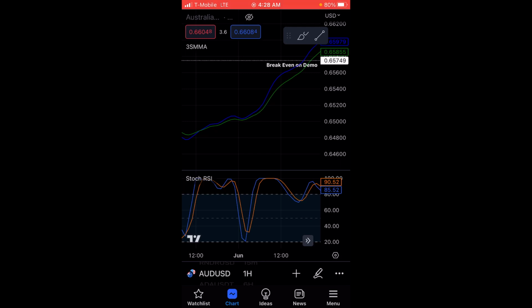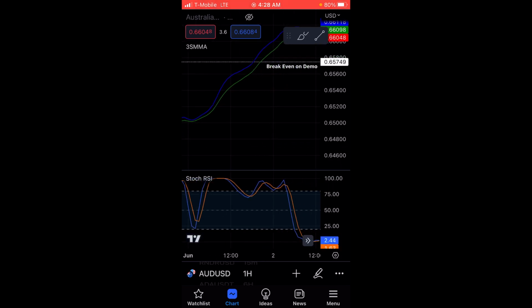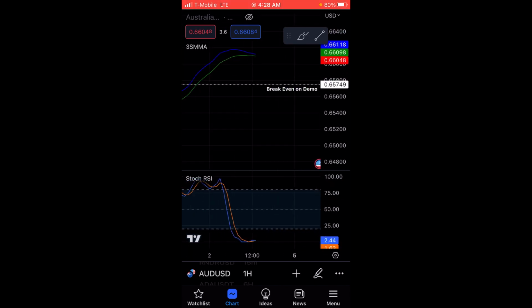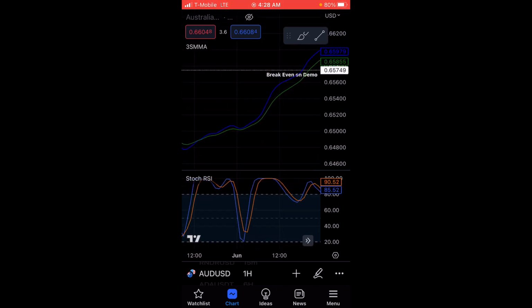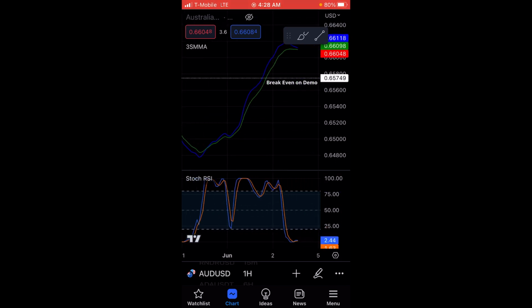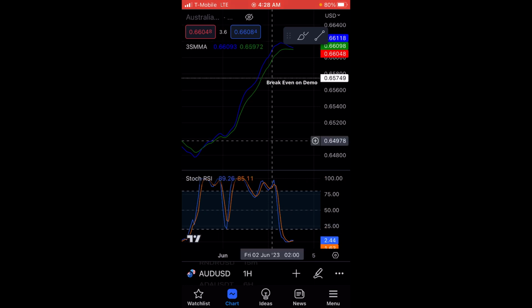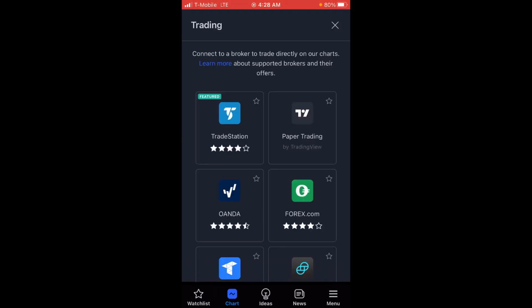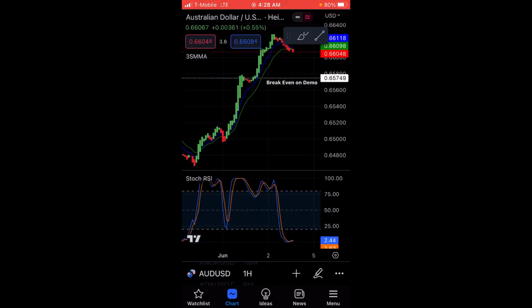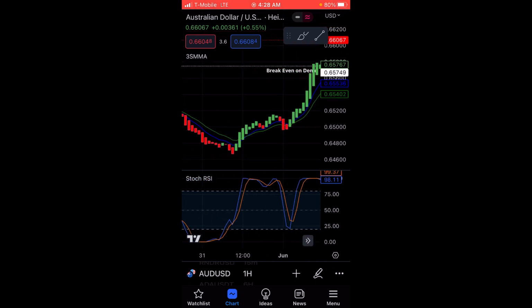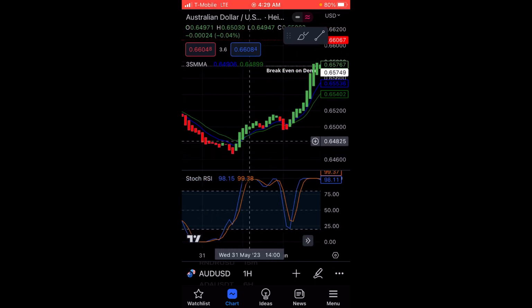So anyway, let's wait for a moment where it crosses. It's almost crossed here, so let's just use this as an example. We are on the hour on the Australian dollar, and what you want to look for is the moment that it crosses. So I'm going to turn the candles back on, and what you don't want to do is get in like right here.